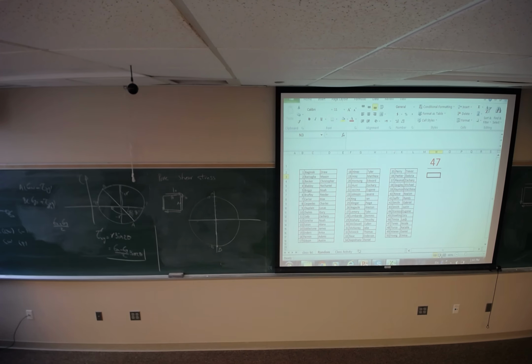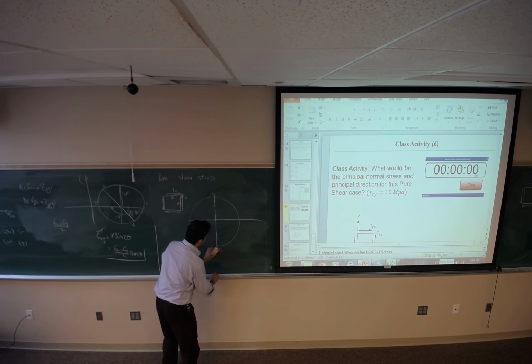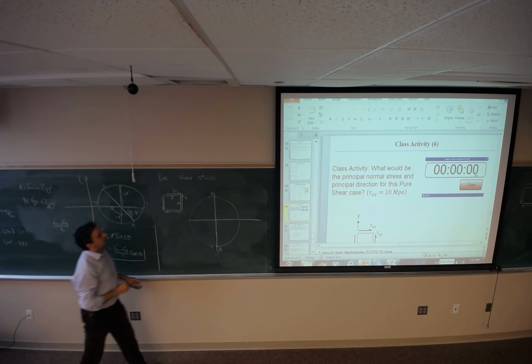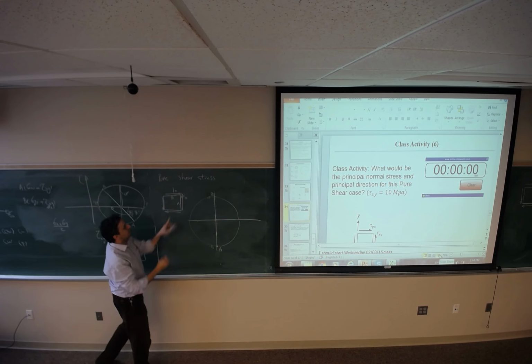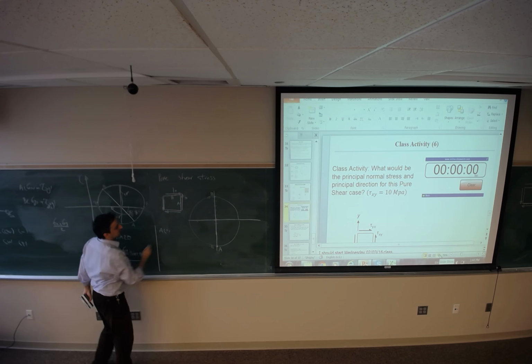I think C and A are switched. A and B. This one is correct. Point A doesn't have any normal stresses, so it's going to see 0.